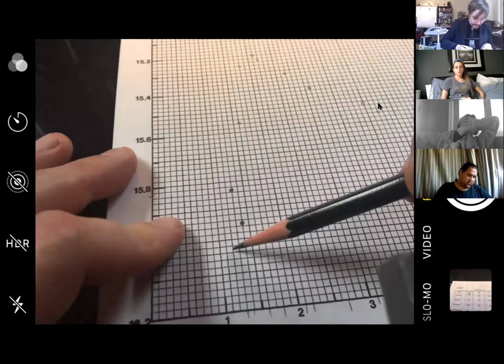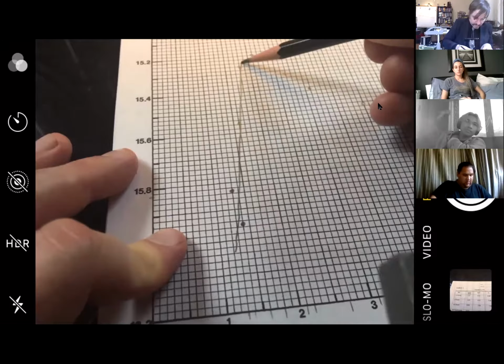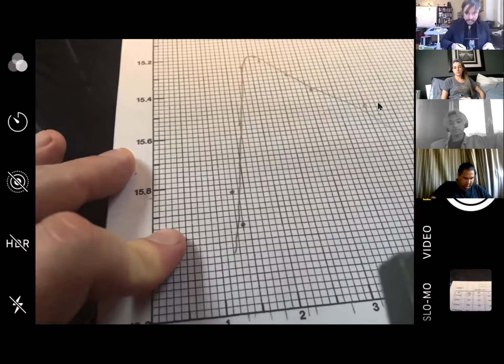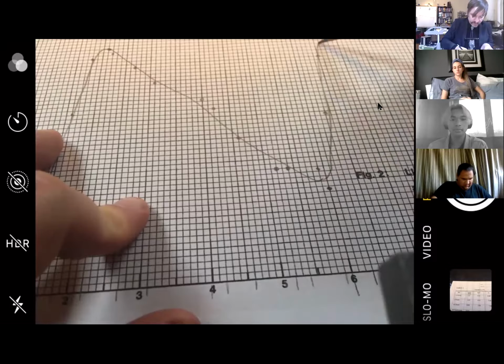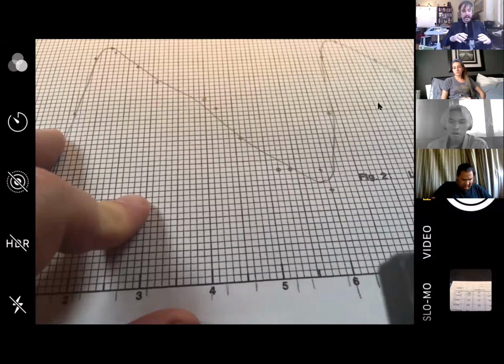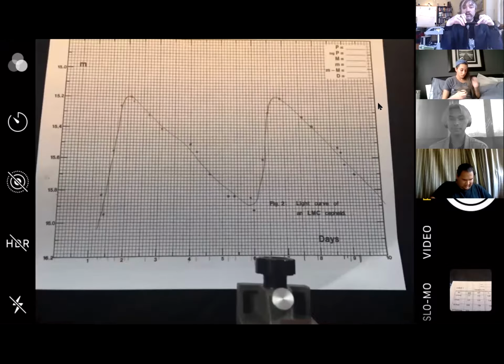So we're going to go up through the peak. Then we're going to come down. We're going to go back up through the second peak. And we're going to come down. That's what our best fit curve should look like. Can you guys do that for me?